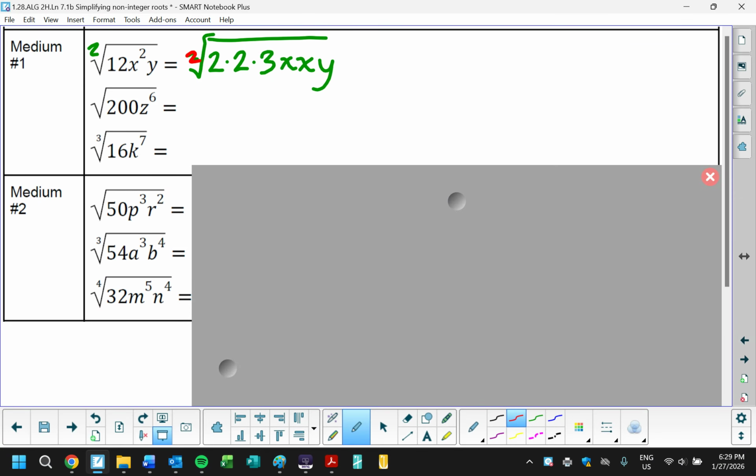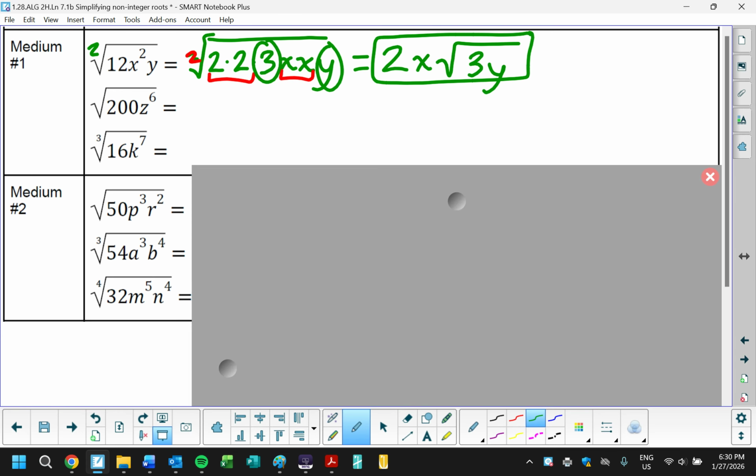Looking, because our index is 2, for any number multiplied by itself twice, which means we can pull out a 2 and an x, but unfortunately 3 and y have no partners, if you will.